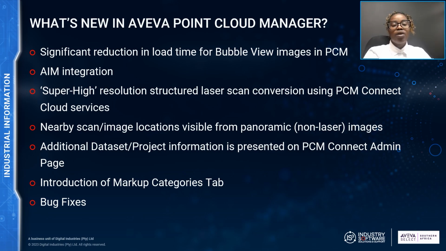Nearby scan or image locations are visible from panoramic non-laser images. It offers additional dataset or project information presented on Point Cloud Manager Connect admin page. It has the introduction of markup categories tab. And lastly, it fixes bugs.